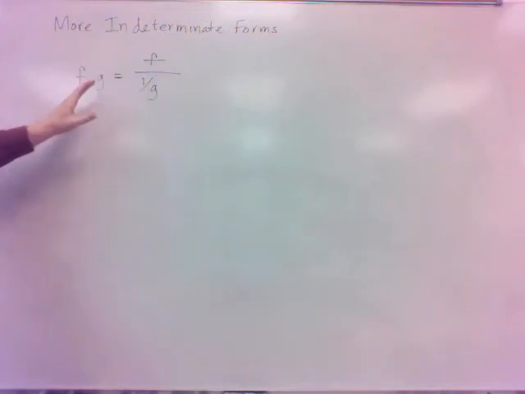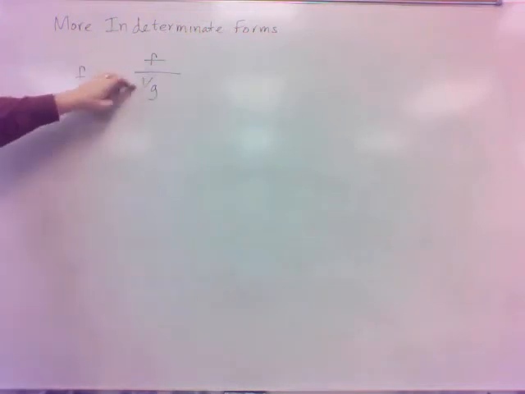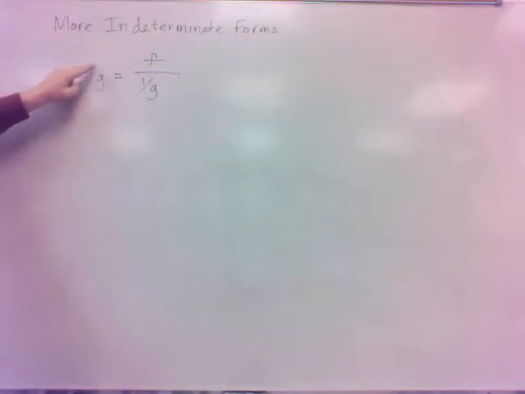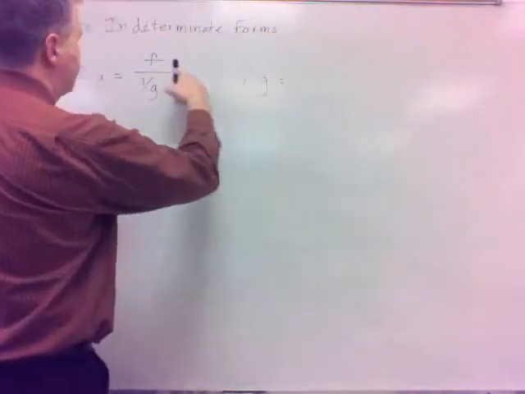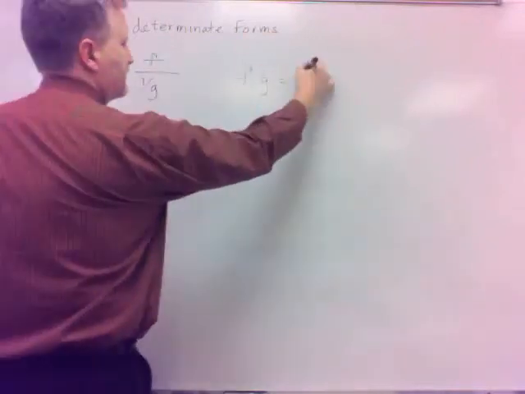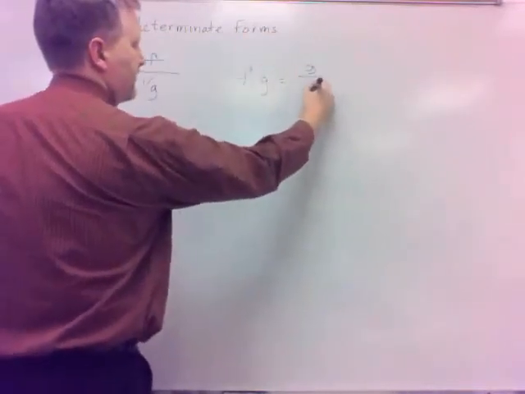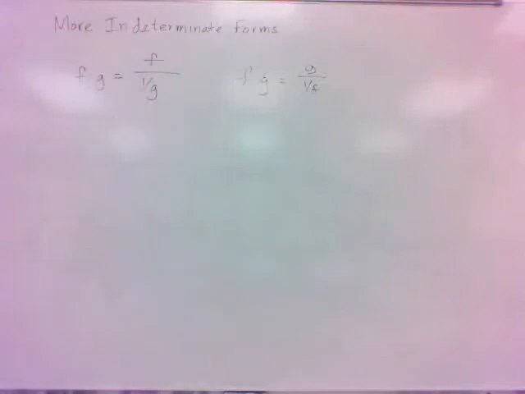Just take a look at this. F times g is the same as f divided by 1 over g. So I just took the f and divided it by 1 over g. And you can do it the other way too. F times g, you say, well, it's g on top and then f over 1 over f on the bottom. Those two are the same thing.